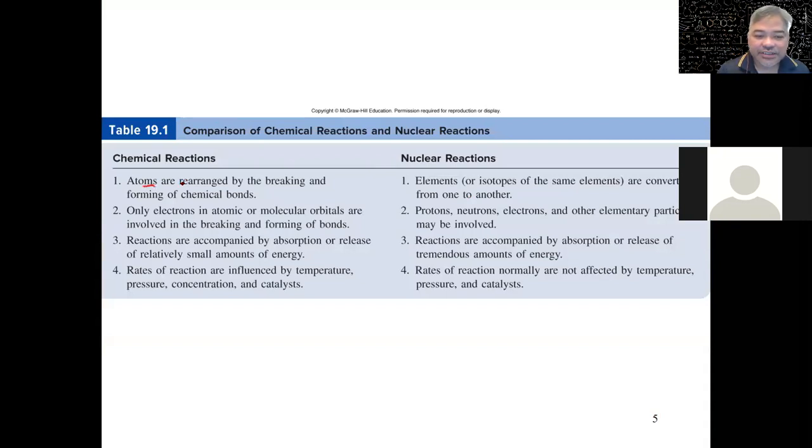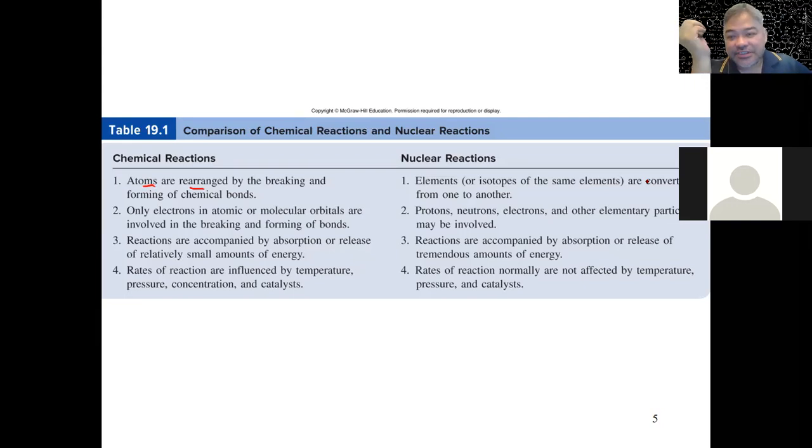The atoms are just rearranged by bond formation and bond breaking. Unlike a chemical reaction, in a nuclear reaction, elements or isotopes of the same elements can be converted from one to another. So nagbabago yung element doon sa nuclear reaction. Unlike doon sa chemical reaction, kung ano yung reactant mo, yun pa rin yung product mo. Makikita mo yung mga element.